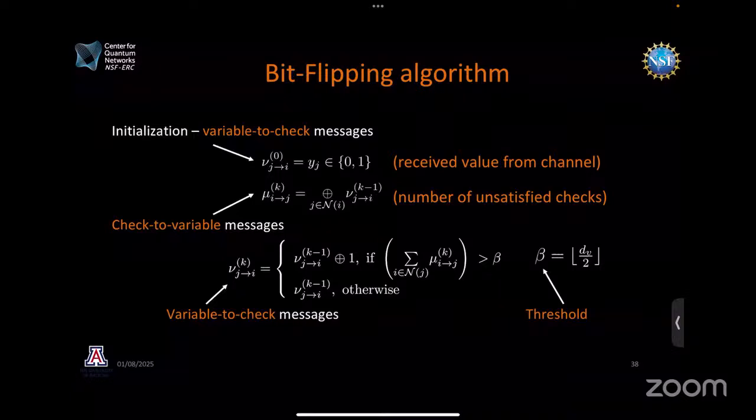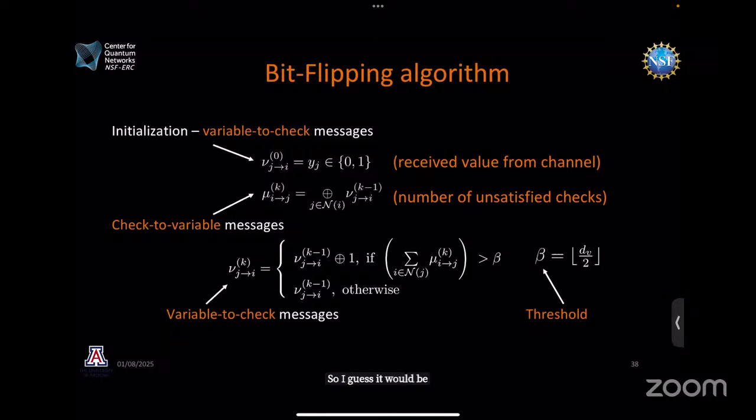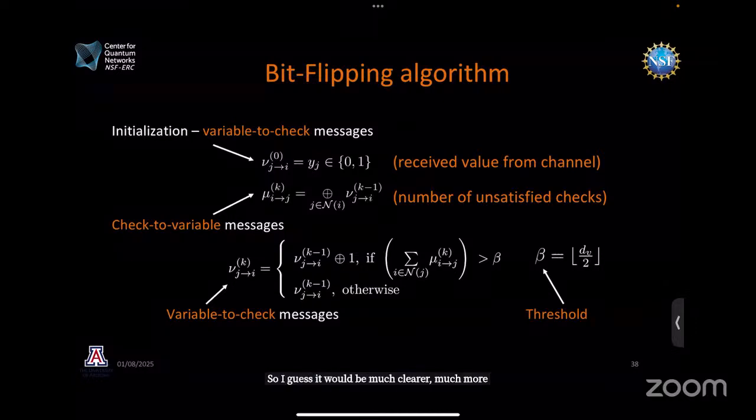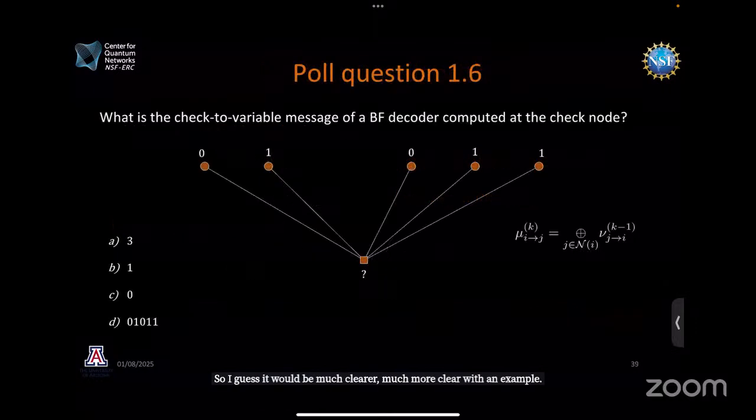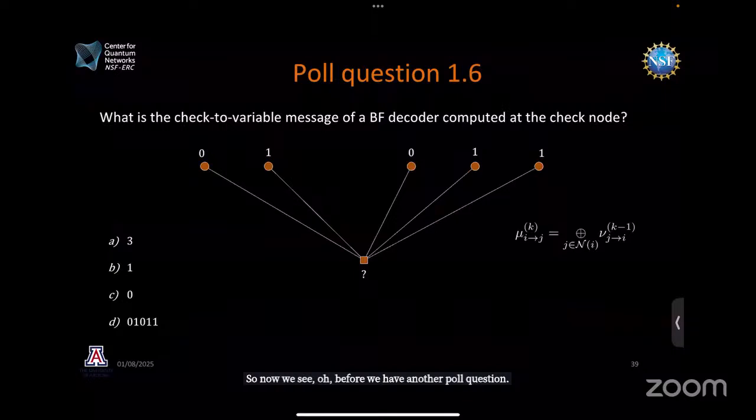I understand that it might seem quite complicated by looking at the formulas, so I guess it would be much clearer with an example. But before that, we have another poll question. What is the check to variable message of a bit flipping decoder computed at the check node?